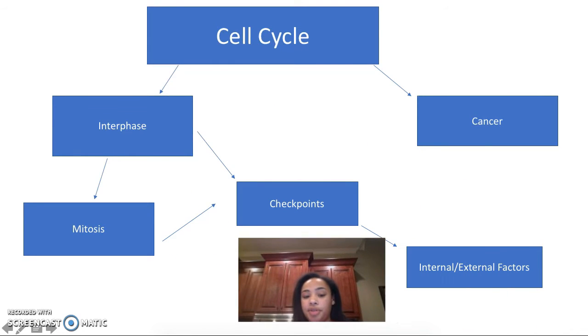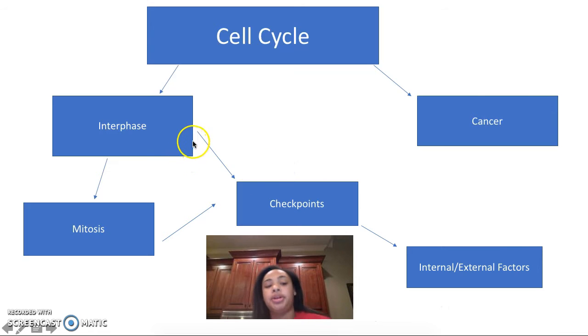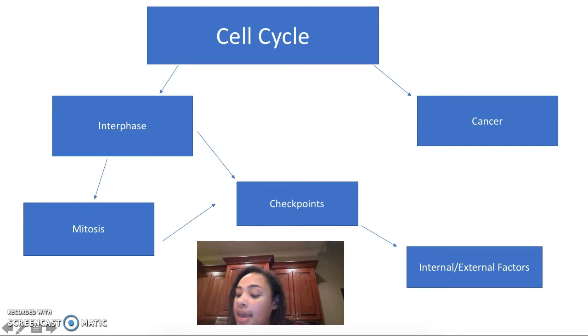Okay, so now that we've gone over the cell cycle in more depth, describing interphase and mitosis, we're going to talk about these things in the cell cycle called checkpoints. Checkpoints are the internal controls that direct the cell cycle. Each checkpoint checks for a certain crucial event to have occurred before the go signal is given for the cell to continue throughout the cell cycle.